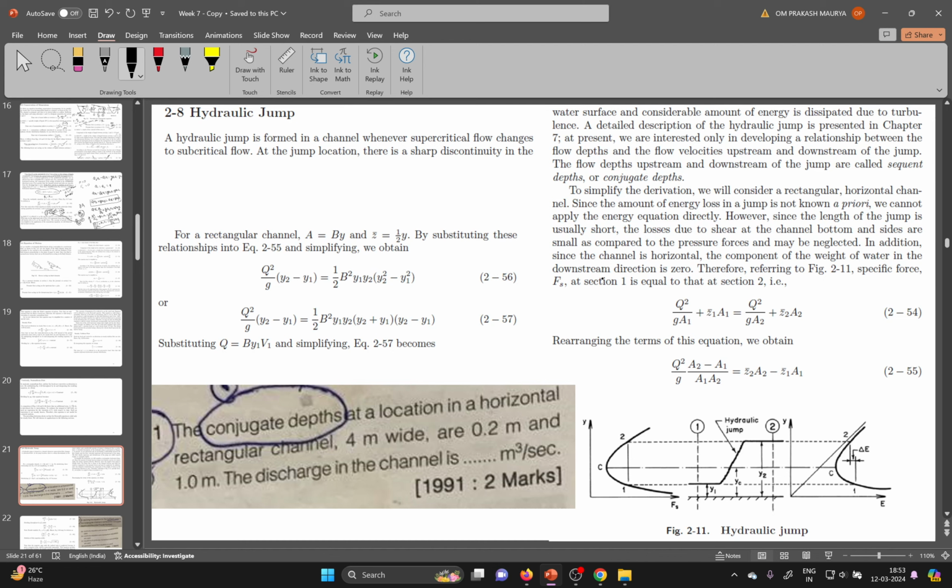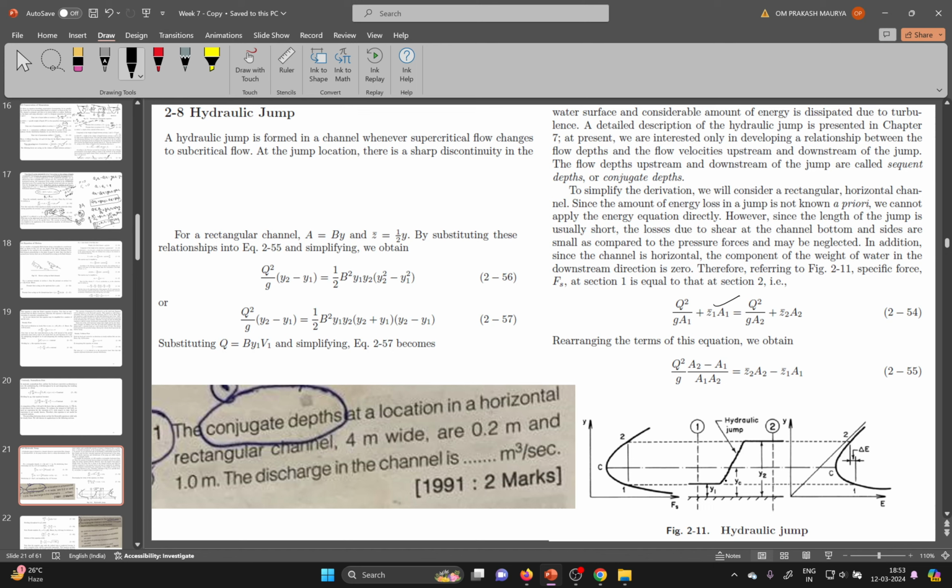So what we have derived using the conservation of momentum, your specific force Q square by gA plus Z1 A1 equal to constant. So at section 1 and section 2, specific energy is not constant here. Why here we can also use the specific energy, but why we are not using?